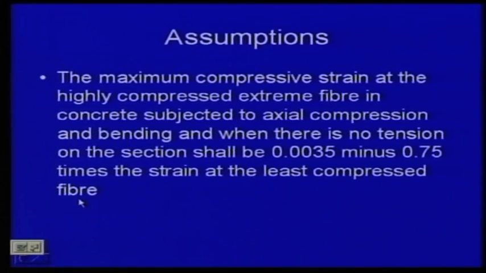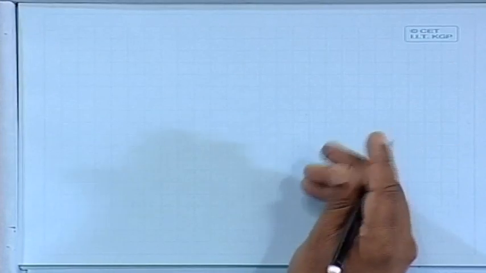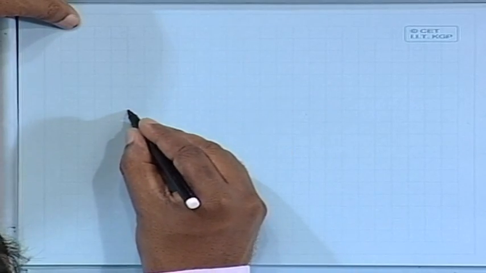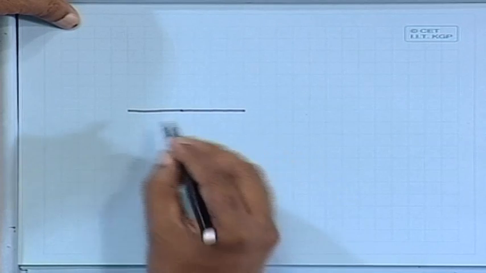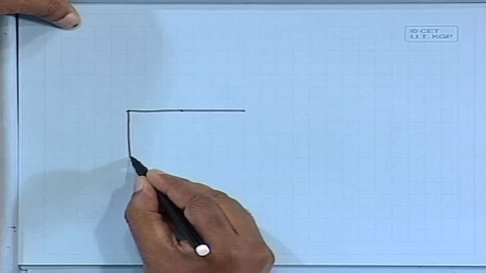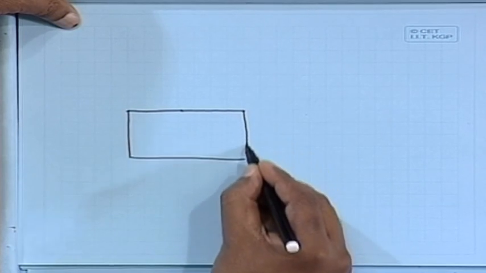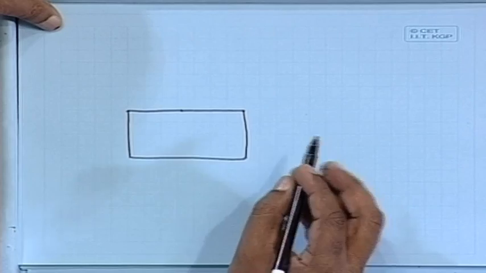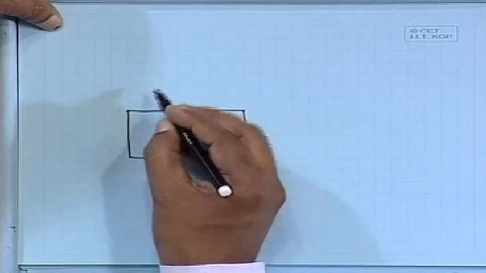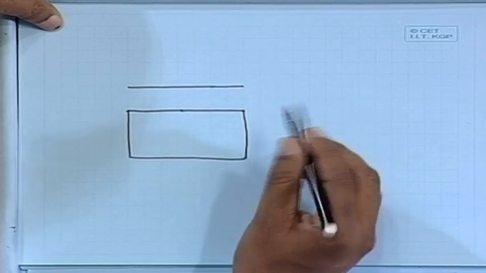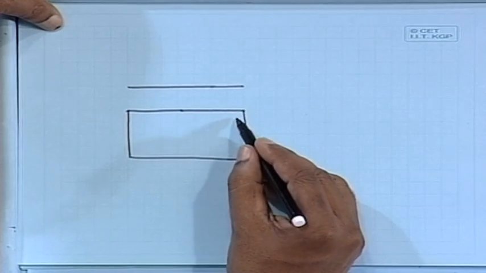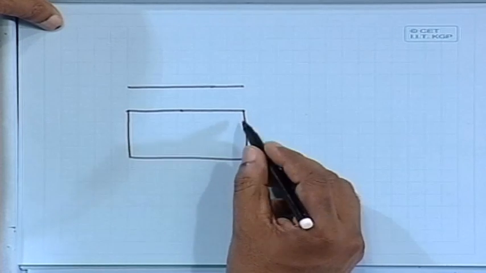The cross section. So, this is the cross section of a column, and let us assume this is your maximum compressed side.